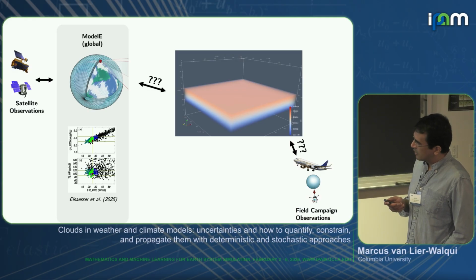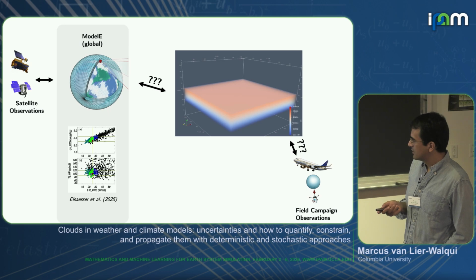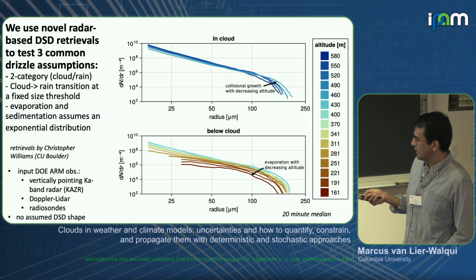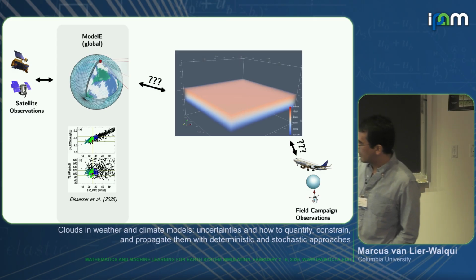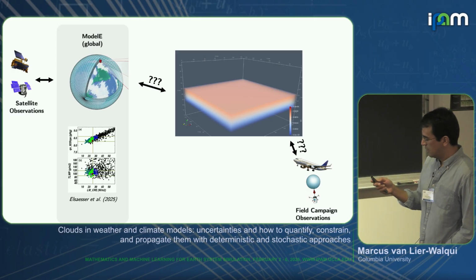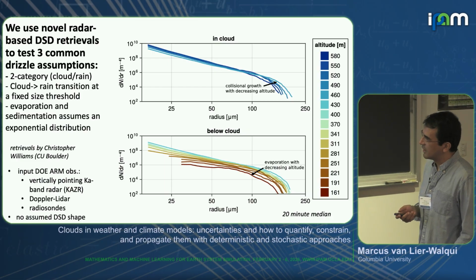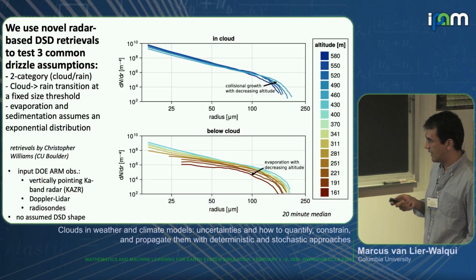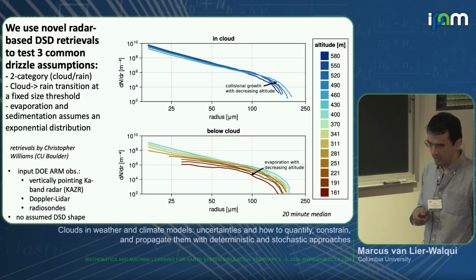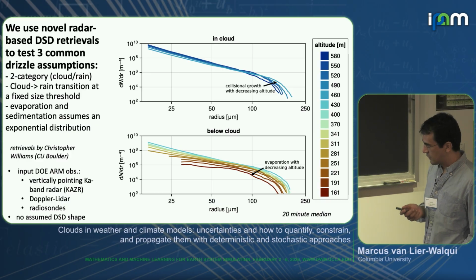All right, so that's great. We've done a little bit of this, and maybe we need to do this part on the right, connecting to observations. We've started to look a little bit at that. This is work being led by Kate Loftus in collaboration with Christopher Williams, who's a radar expert at University of Colorado Boulder.